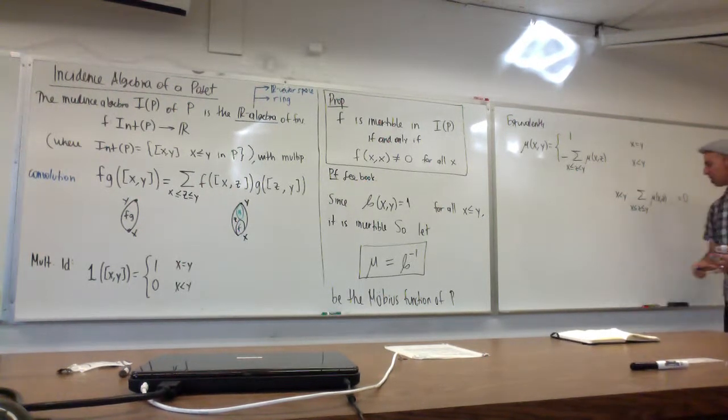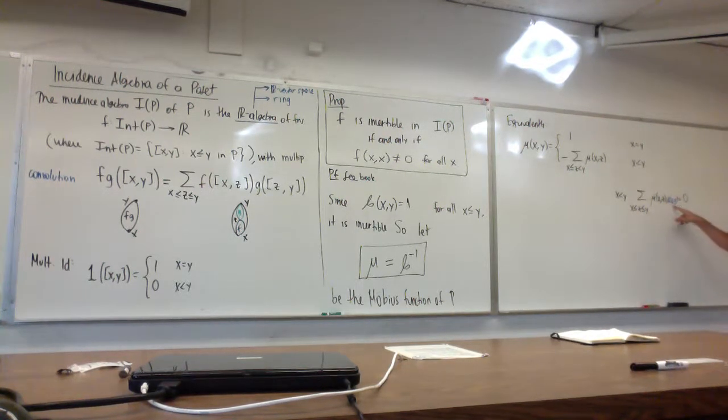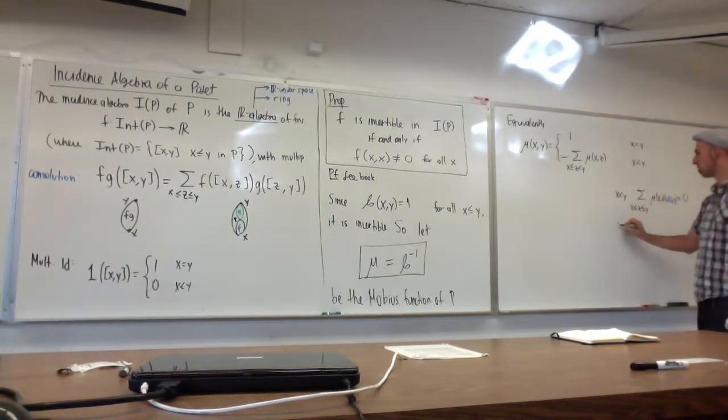And I might as well put zeta here, because zeta is equal to 1. Okay? Zeta of anything is equal to 1. And so here what I'm saying is that the convolution of mu and zeta is 0 when x is less than y. And then you can easily check that when x is equal to y, you just get that it's 1.